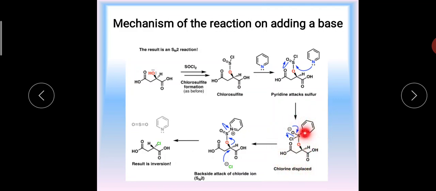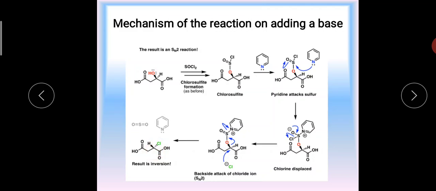But when it attacks from the same side, it sees a steric repulsion because of the presence of such a big group. So the only possibility for the expelled chloride is to attack from the opposite side, and hence it does attack from the opposite side, and that is why you get a product which is inverted. That is, the stereochemistry of the reaction center has become inverted.